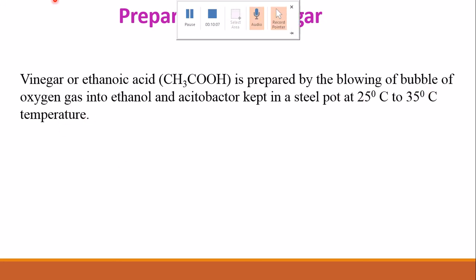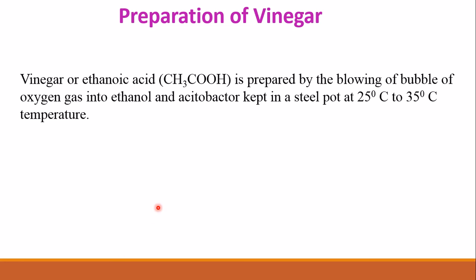Look, we already read that ethanoic acid is prepared from ethanol, and at first we read that it is prepared by a two-step reaction. That means at first ethanol is oxidized by oxygen to make ethanal, and then by further oxidation ethanoic acid is produced.